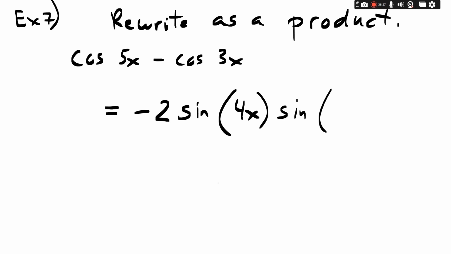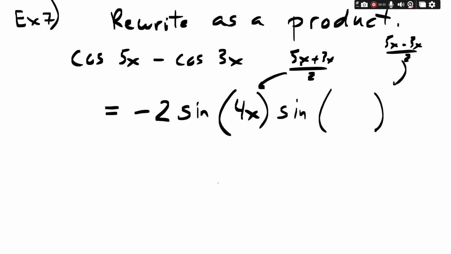So 5x minus 3x is 2x divided by 2 is just x. That's good. So there's where that formula came from. And that's it. We've changed it from technically a subtraction of 2 trig functions to a product of 2 trig functions.